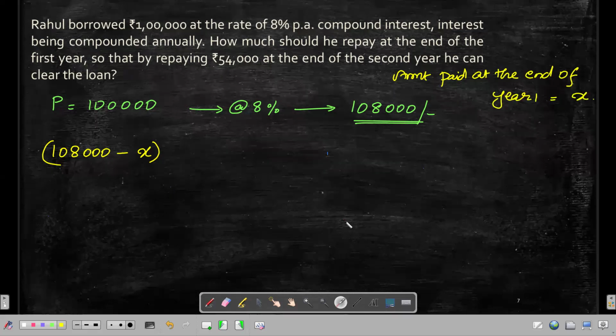So the first year gets over. At that time, the money has grown and become this much. Now Rahul is reducing that load by paying some installment amount, X rupees.